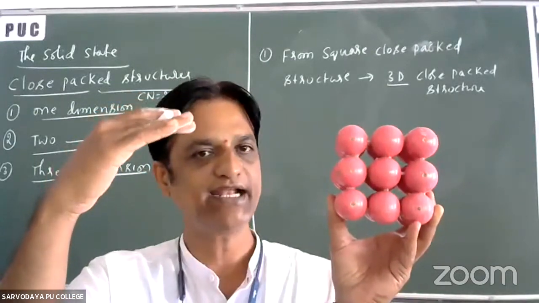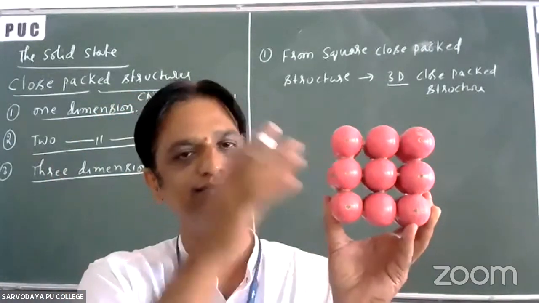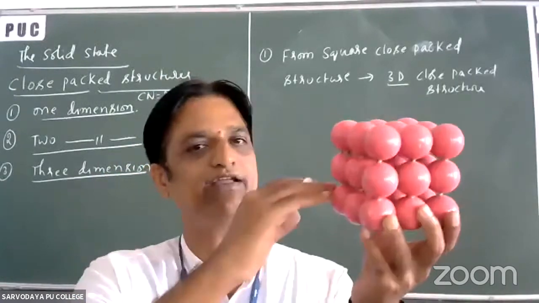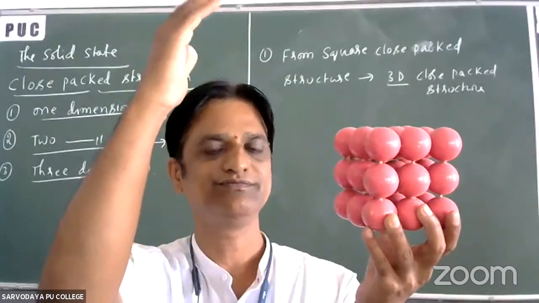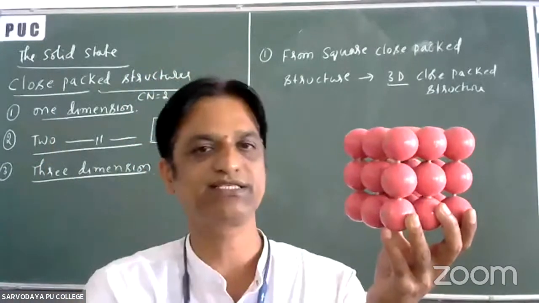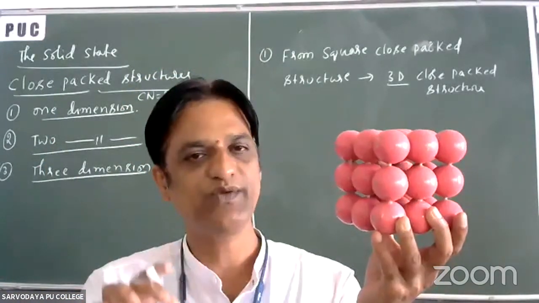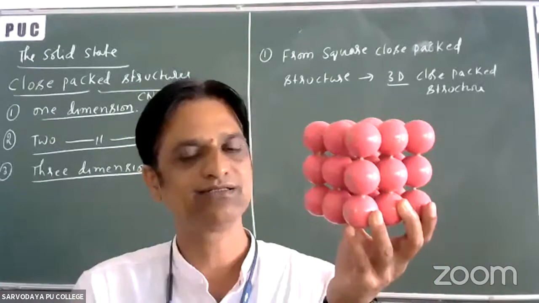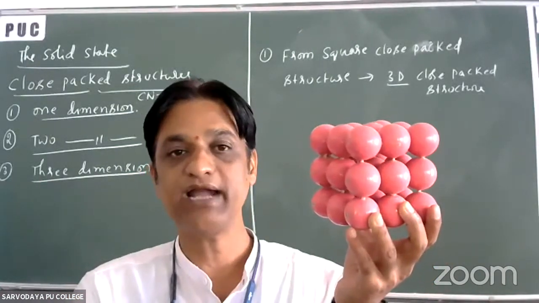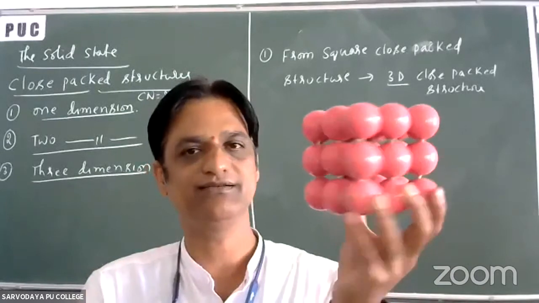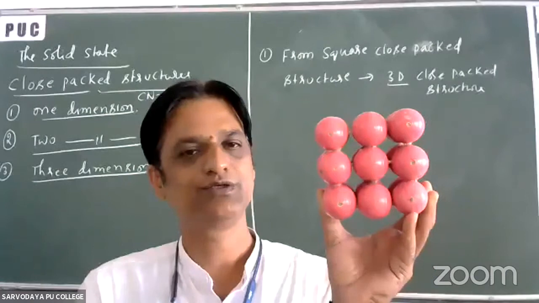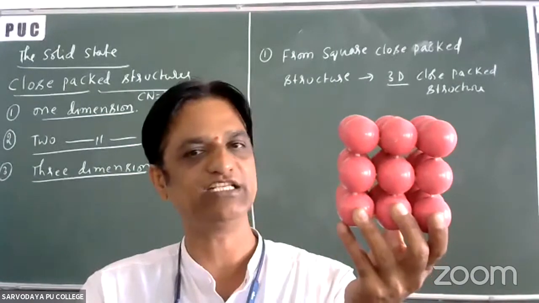So spheres of the second layer are aligned exactly on the spheres of the first layer. When we go on arranging many layers of square close packed structure in two dimension, we get close packed structure in three dimension. This is one example model to show three-dimensional arrangement.